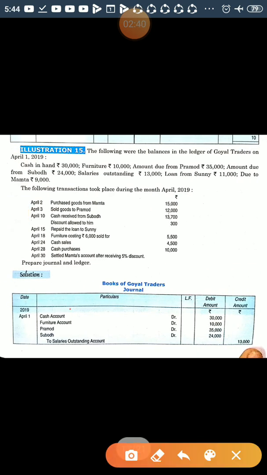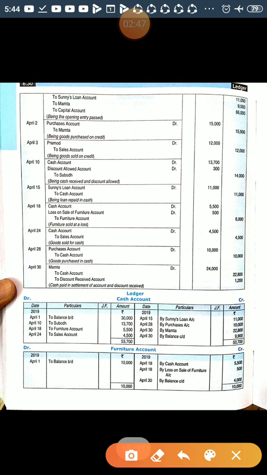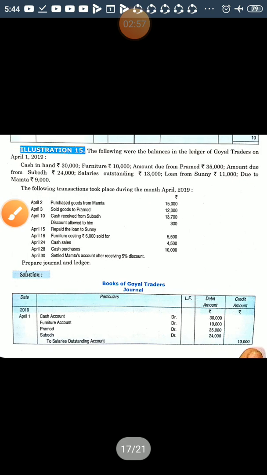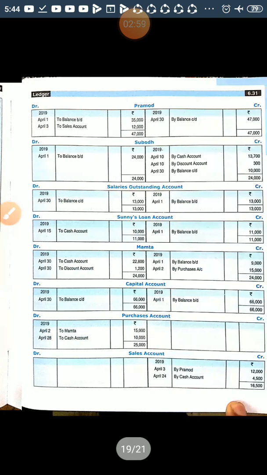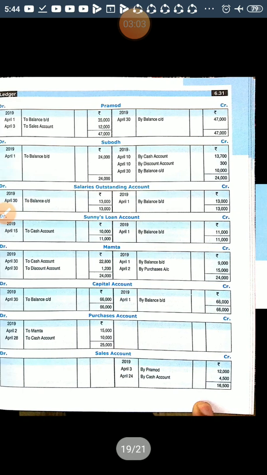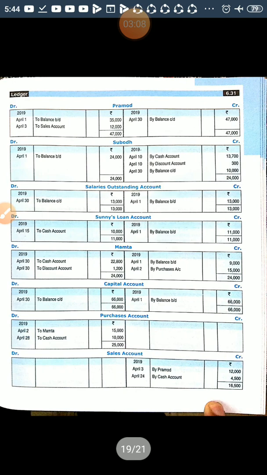So first, the cash account balance, this is an opening cash balance. So in the cash account we will write April 1st to balance b/d 30,000, right? The same way, next is the furniture account.